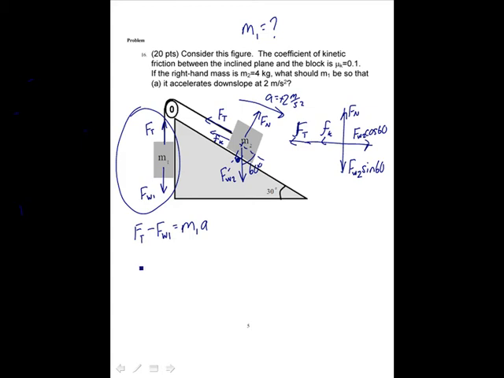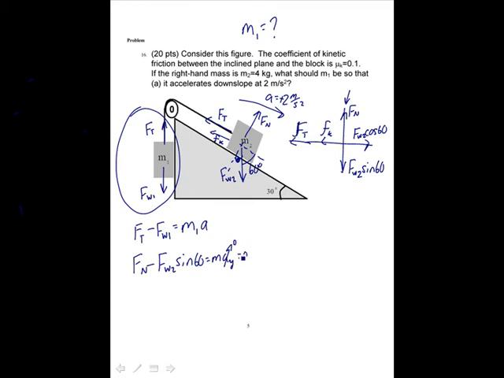So I have Fn, looking at the y vectors, Fn minus Fw2 sine of 60 is equal to may, but the acceleration in the y direction is equal to 0, so that's just equal to 0.